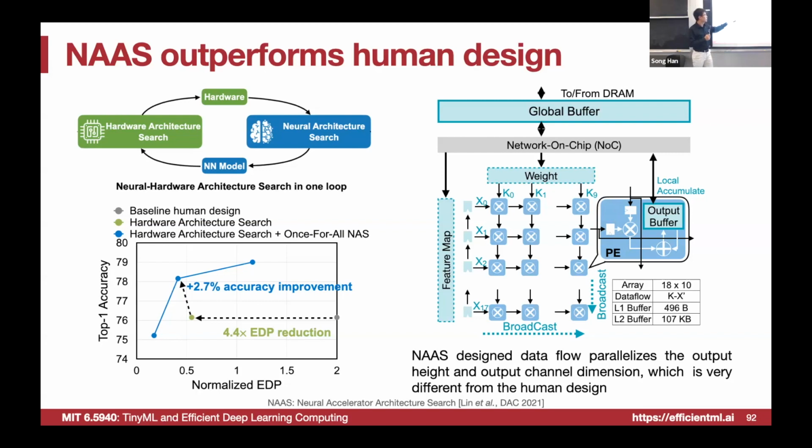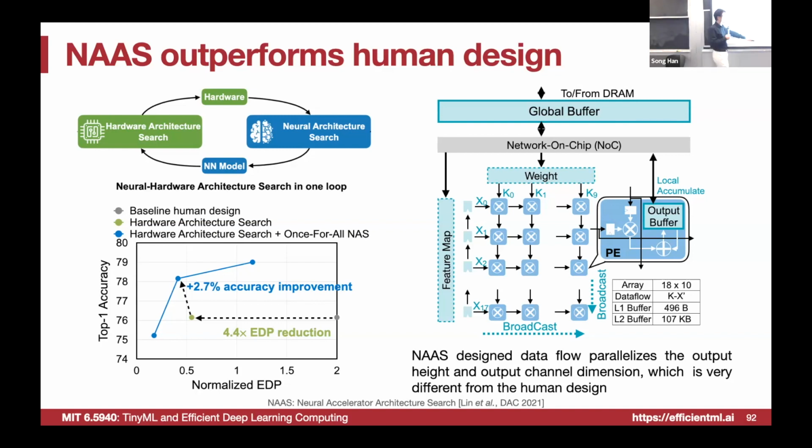And by searching the neural network architecture together using the once-for-all NAS, since every time you propose a new hardware architecture, you have to search a new neural network with diverse hardware platforms, now the once-for-all network came into play, and we get 2.7% accuracy improvement.